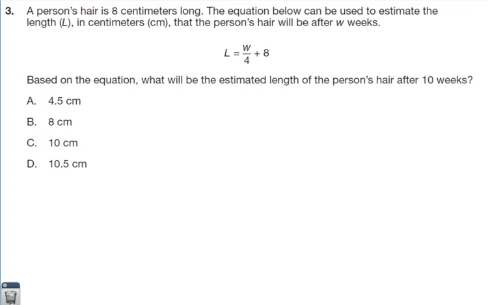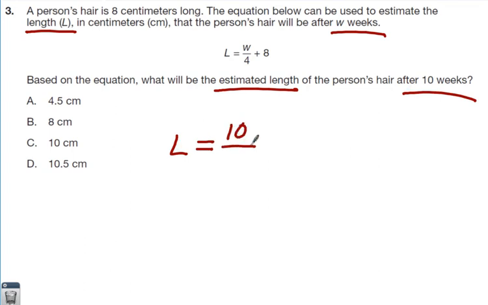Number 3, they're telling you that L is the length and W is the number of weeks, and then they ask, what is the length after 10 weeks? So essentially, they're telling you a value for W, because they're telling you a number of weeks.